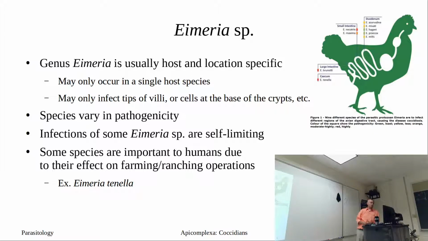And as you'll see with Eimeria tenella, if the chicken can survive to the point where they start shedding oocysts, then they're typically going to survive the infection. If you think about it, that means this is going to cause pretty significant death.